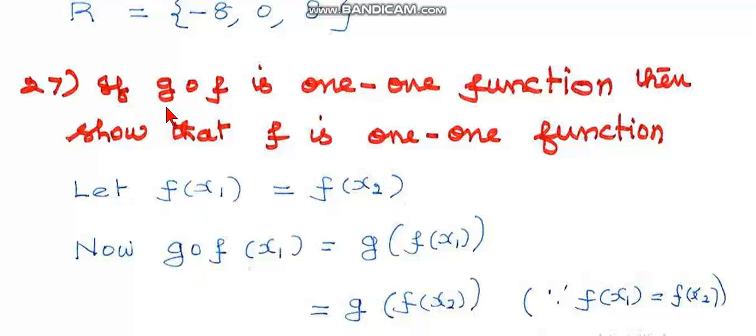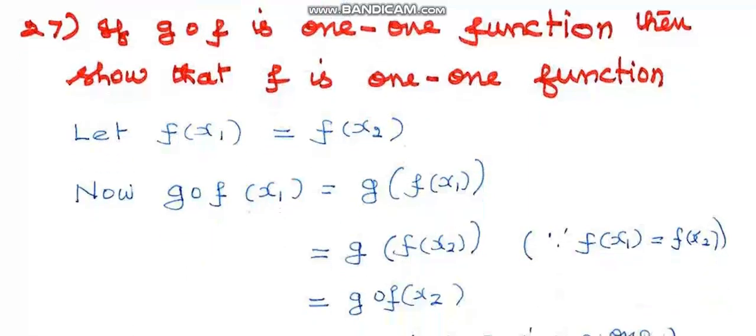Now it is given g dot f is 1-1. So g dot f of x1, let us calculate that. That is g of f of x1. By assumption f of x1 equal to f of x2, so instead of f of x1 we can write f of x2. G of f of x2 is nothing but g dot f of x2.